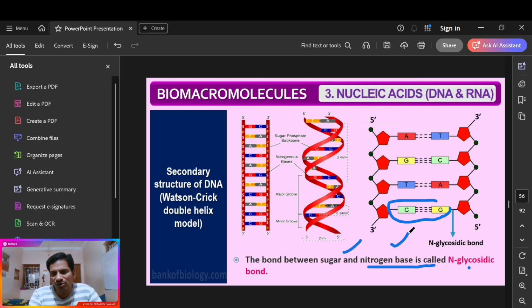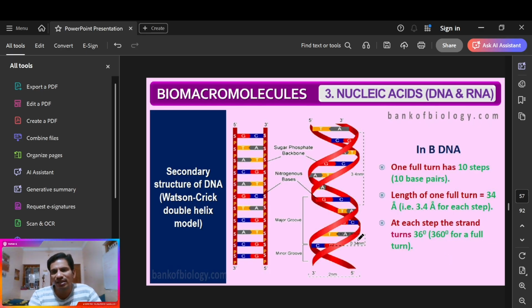In B DNA, one full turn has 10 steps, 10 base pairs. See here, 1, 2, 3, like that. One full turn has 10 base pairs in B DNA. The length of one full turn, if you calculate, is 34 angstroms.